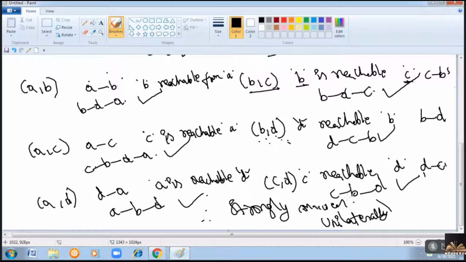If the graph is strongly connected, it means that it is unilaterally connected and weakly connected too. Is it clear now?